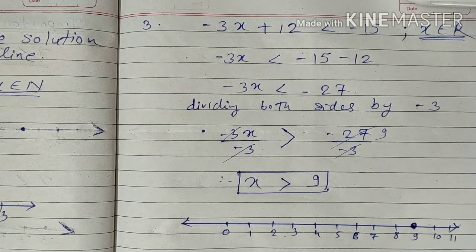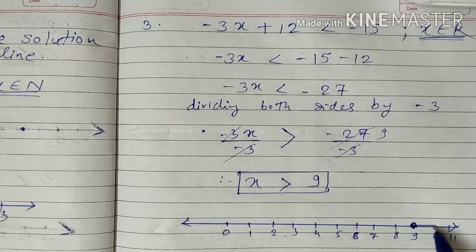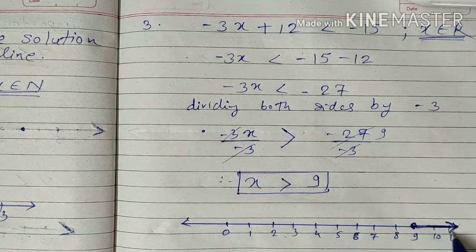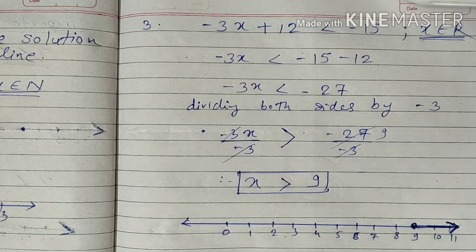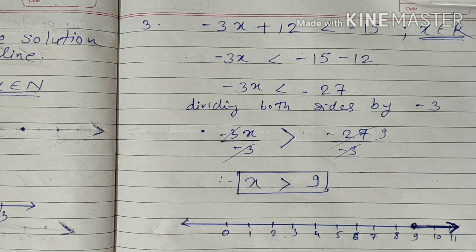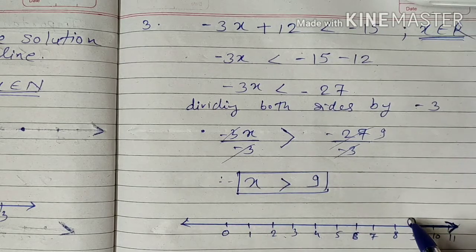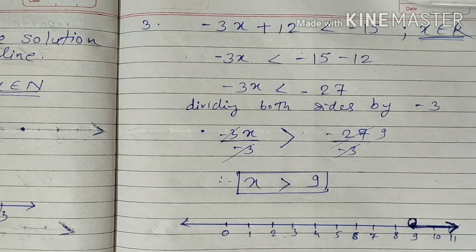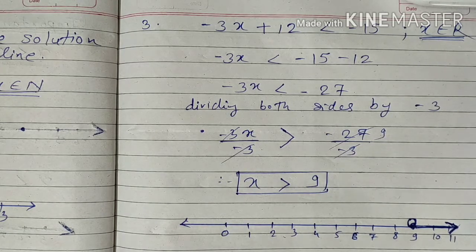We will give a circle for it, and all the numbers which are greater than 9 we will show with the dark arrow, because everything is included. 9 is not included, so we have given here a circle for 9, and everything after this 9 is included in the number line. So we have shown the dark arrow for it. Okay.